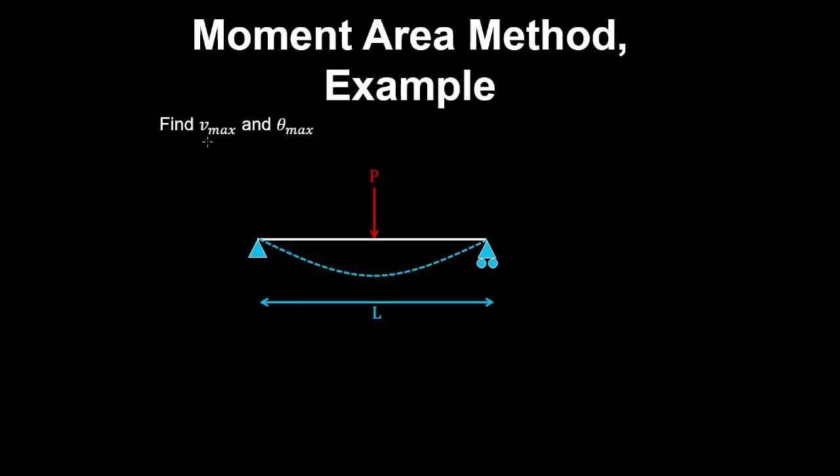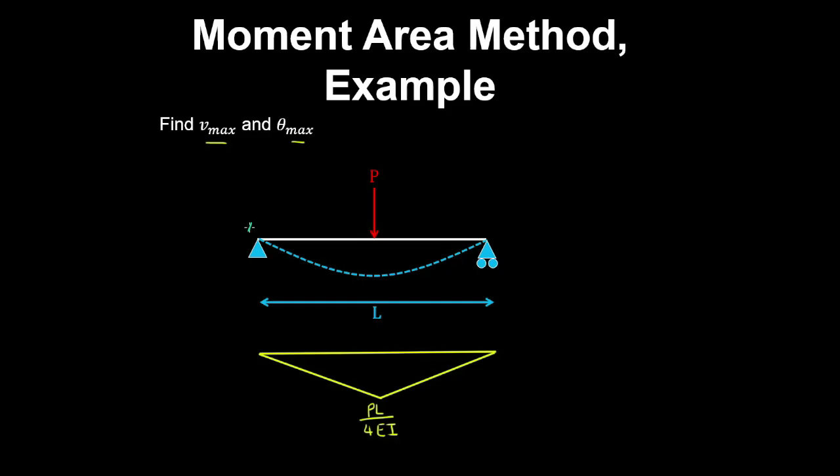Let's find the maximum deflection and rotation for this simply supported beam using the moment area method. And we know for this simply supported beam, the bending moment diagram is piecewise linear. It has a magnitude of PL on 4 in the middle, and dividing through by EI gives the curvature diagram.